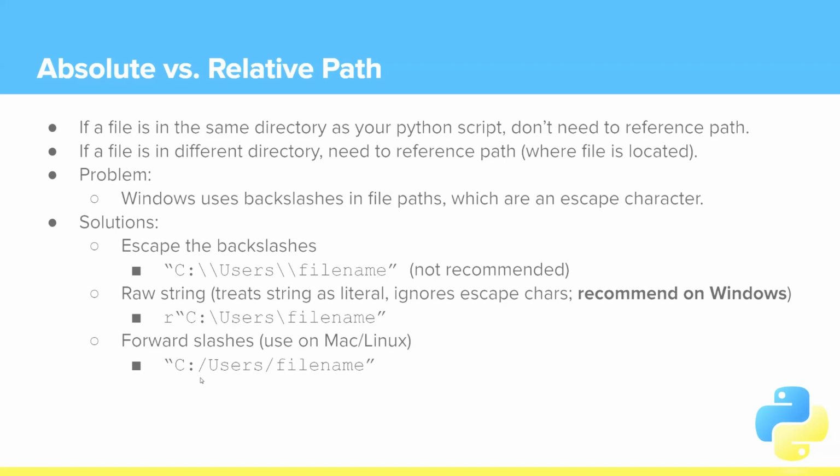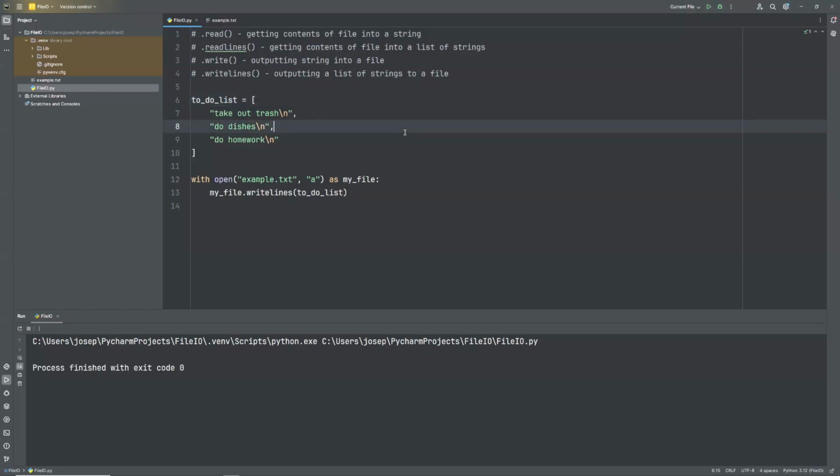And it's just not quite as easy as using raw strings, because we'd have to change every backslash to a forward slash in our Windows paths. If you're using a Mac or Linux, you should just use forward slashes because that's how those file systems reference their paths. So let's take a look at this in PyCharm.